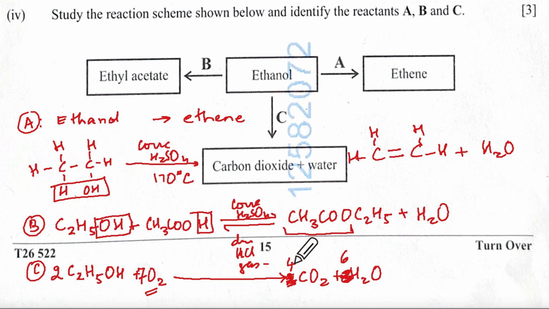What did I get here? 8 and 6. Oops, made a mistake here. Good, I double checked. This is 8 and 6, 14. 14 oxygens, out of that 2 are here. So 12. So it will be, one minute, I'm getting 6 here then.